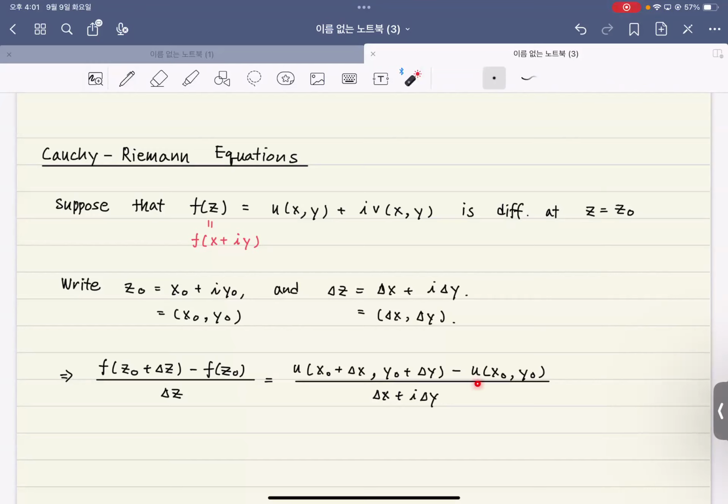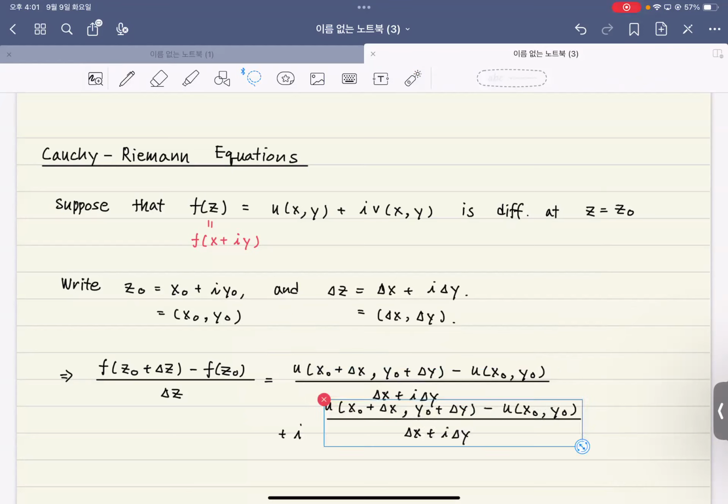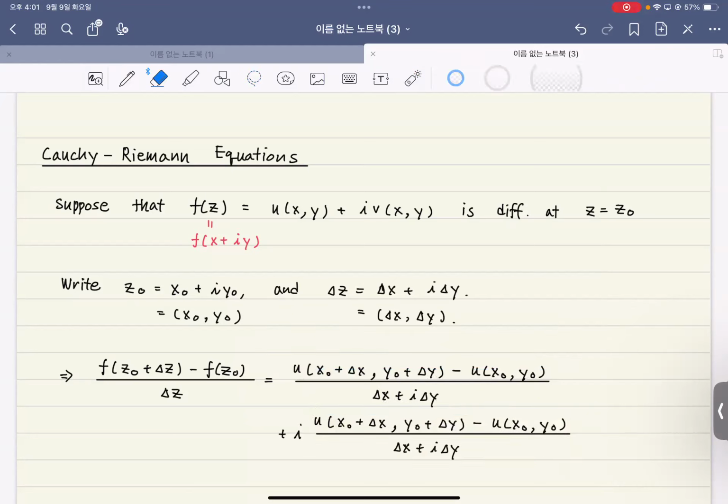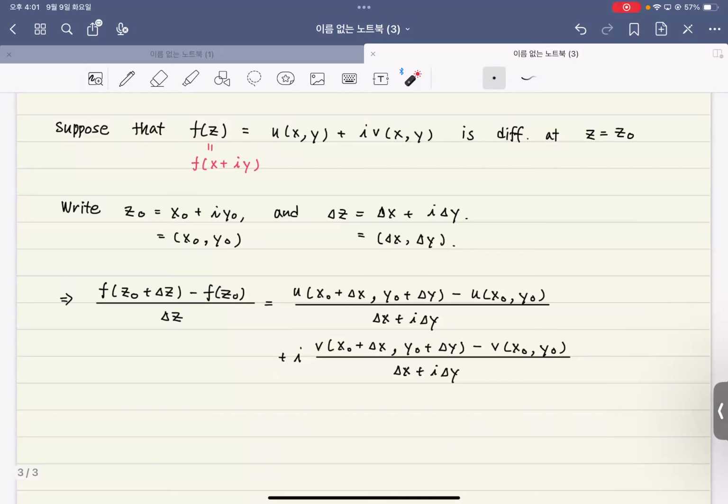This represents the real part of the numerator, and plus, for the imaginary part, I should have something like this. Almost everything carries over, but u should now be v. So this is my difference quotient for the derivative.